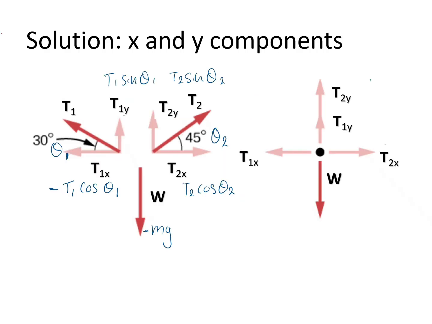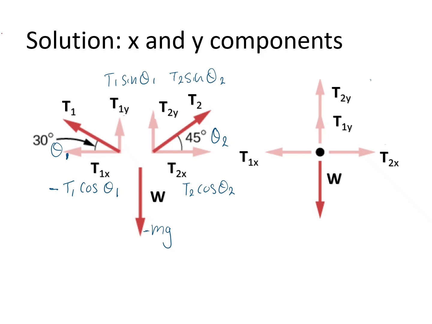Now we break the two angled tension forces into components. For T1, the cable angle theta 1 is measured from the horizontal. That means the x component is adjacent to the angle and the y component is opposite to the angle. The magnitude of the horizontal component of T1 is T1 cosine theta 1.